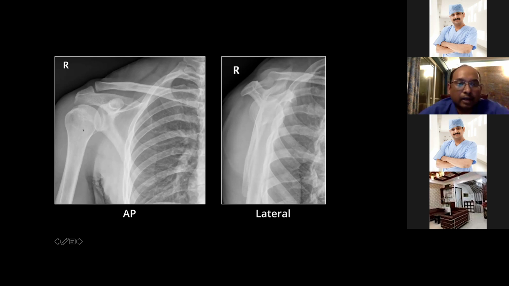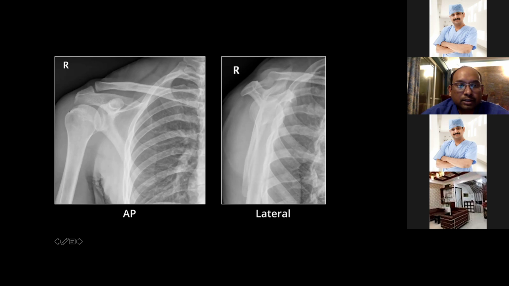Coming to the anatomy on the radiograph, this whole circle which you are seeing is the head of the humerus. Along with that, we see two non-overlapping curves in the AP view. The outer curve is the greater tuberosity, whereas the inner curve is the lesser tuberosity.